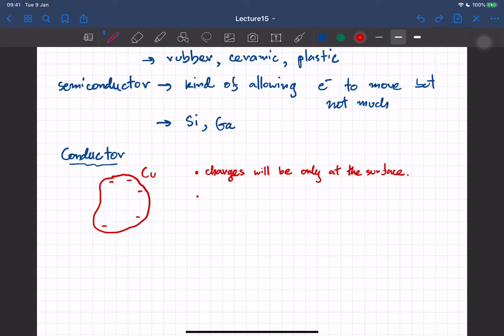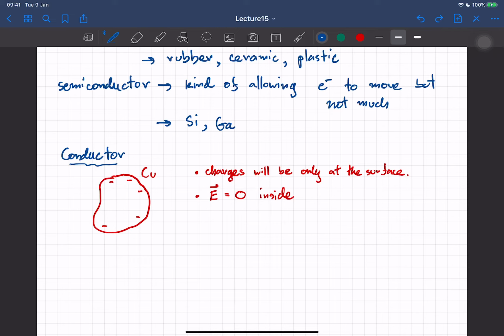The second thing is that the electric field inside a conductor is always 0. So the E field inside the conductor here will always be 0. And you can see why that's the case, because remember that even though there's no charge inside the conductor, it doesn't mean there's no electron inside the conductor.